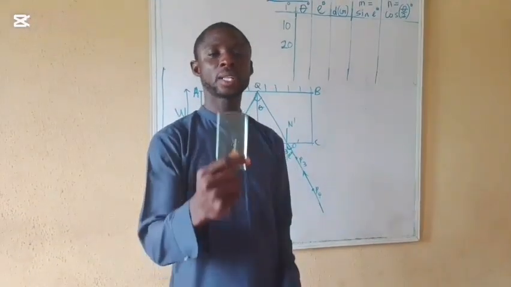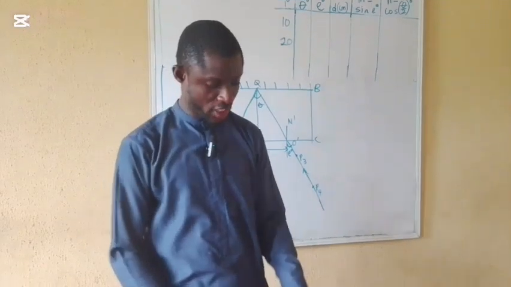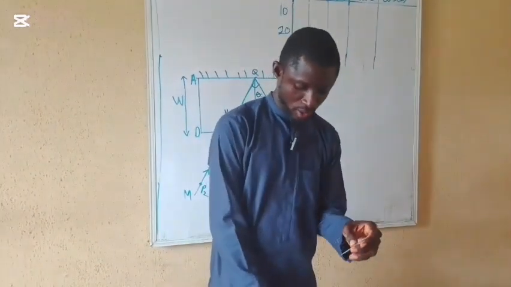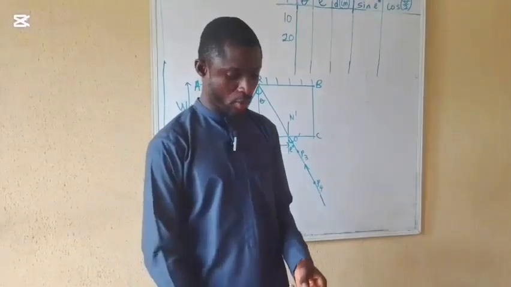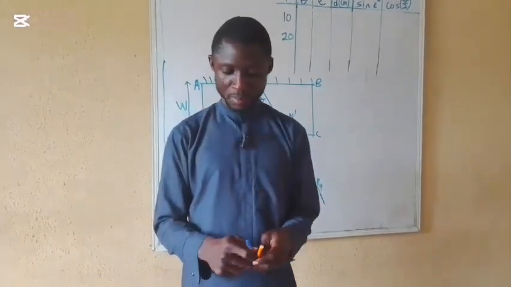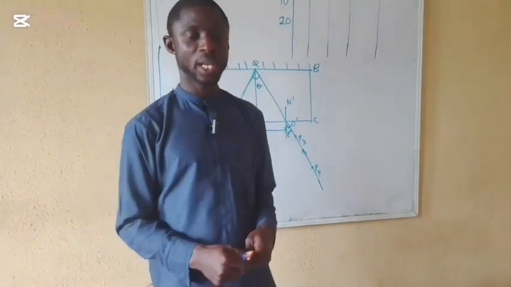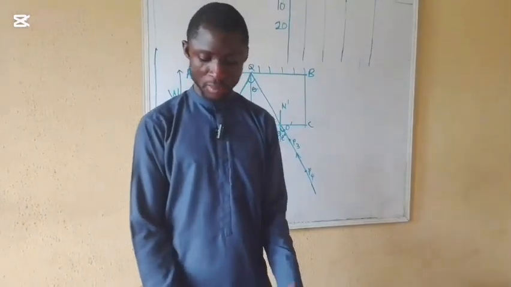This is my rectangular glass block, and these are my 4 optical pins. This is my protractor to measure my angle. This is my ruler. This is my pencil, my pen. But I'll be using a pen so that I'll be able to see my tracing for this experiment.